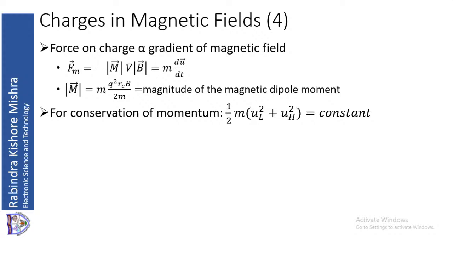Differentiate that with respect to time, so it will be half m dv square by dt. dv square by dt is dv square by dv into dv by dt, right? dv square by dv is 2v, so the half and 2 cancel out and that becomes mv, which is the momentum. So if the energy is conserved, momentum will also be conserved.